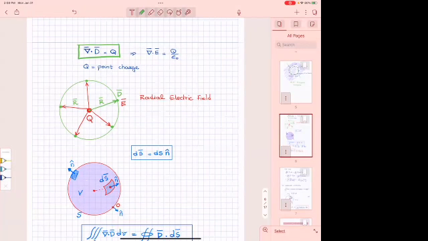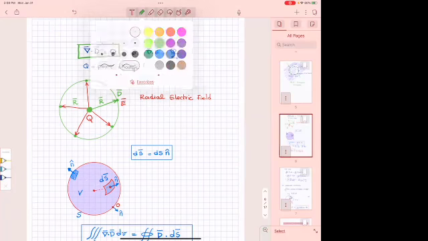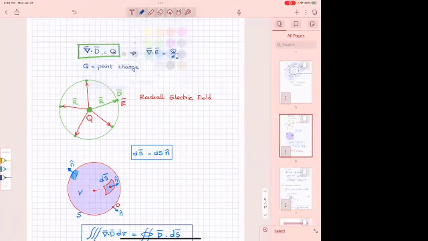So the divergence of the electric flux density that is due to a point charge is equal to this point charge at the location of this charge, all right? So obviously what that says is the following. If I have a point charge here, at that point, this relationship is true.